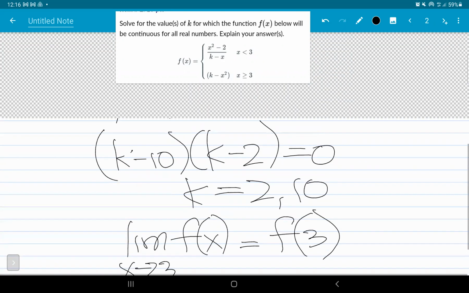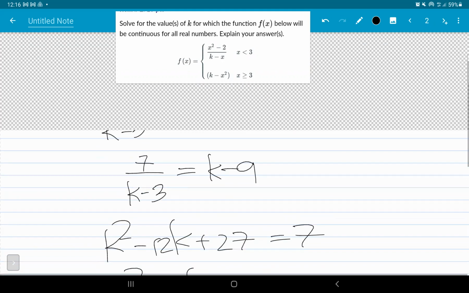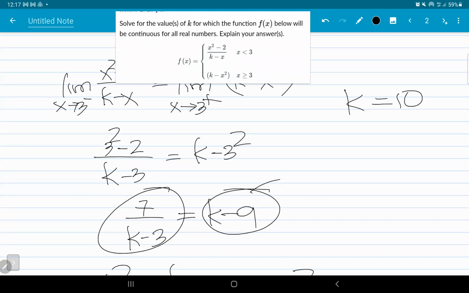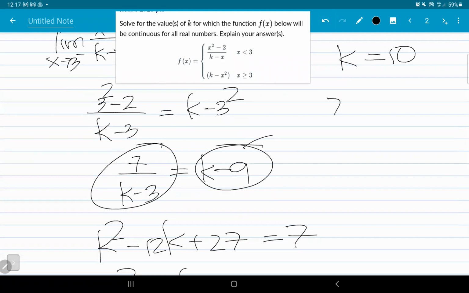Okay, if you look back here, this is the limit from the left, this is the limit from the right. If you plug in k equals 10, okay, you get 1 equals 1.